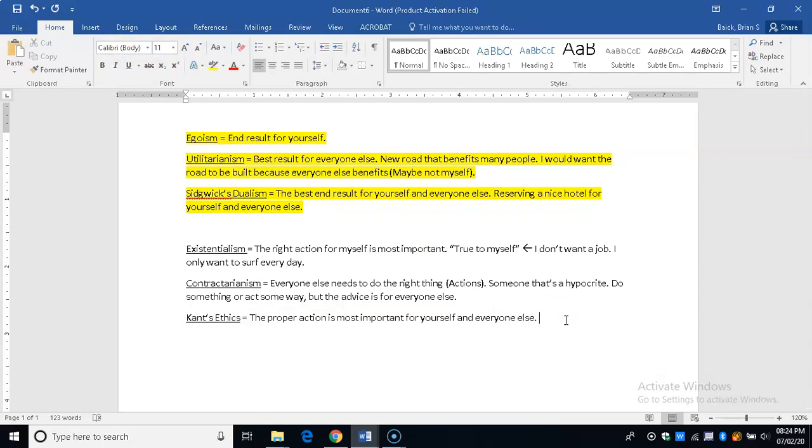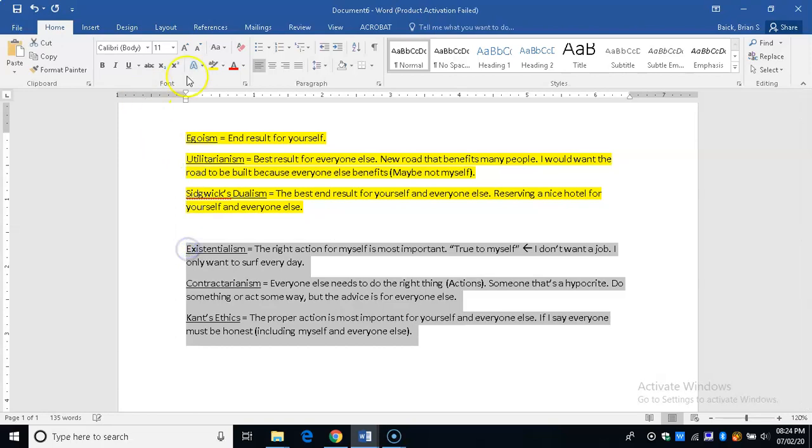That's simply a Kantian ethics way of thinking. If I say everyone must be honest, including myself and everyone else. Okay? That would be Kant's ethics.